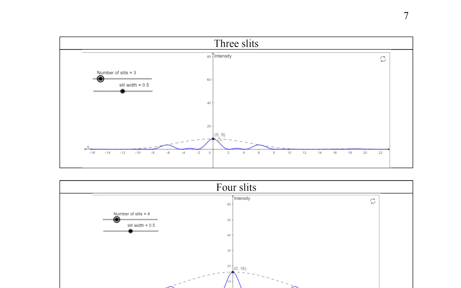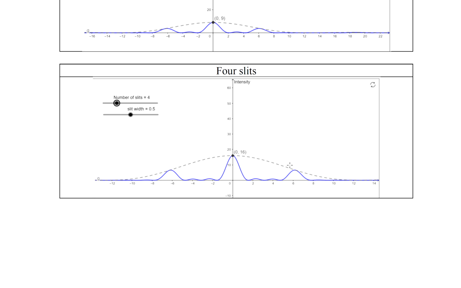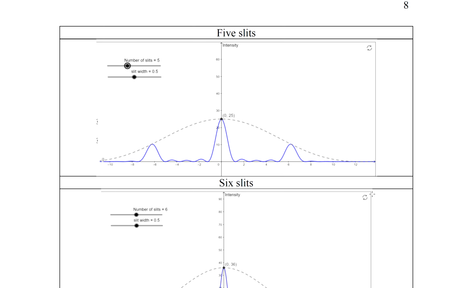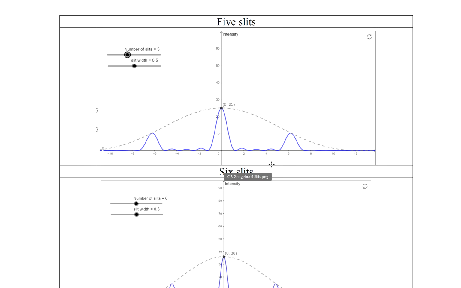For 3 slit interference, it looks like between the two primary maxima, there's one, you could say, secondary maxima. Not so tall. For 4 slits, between the two primary maxima, we have 2 secondary maxima. Now for 5 slits, we have 3 secondary maxima.